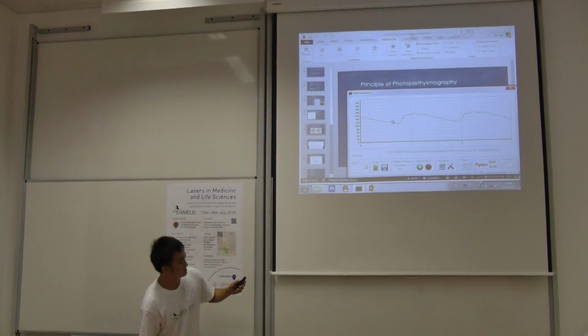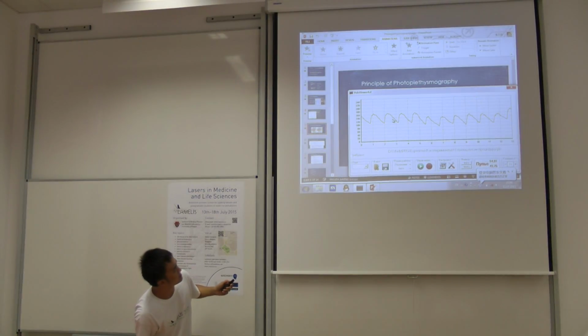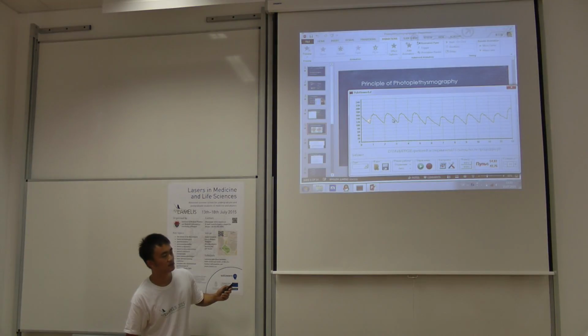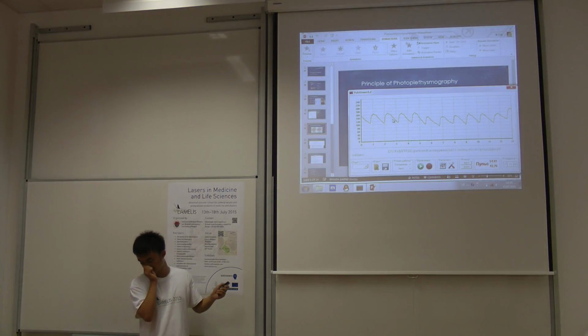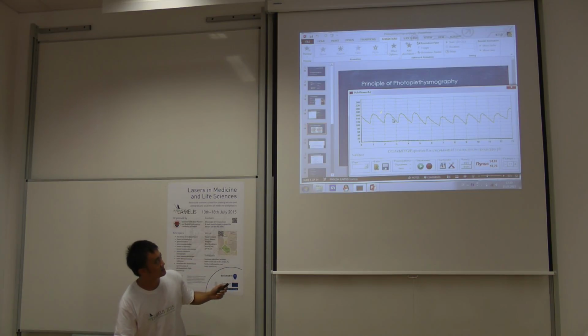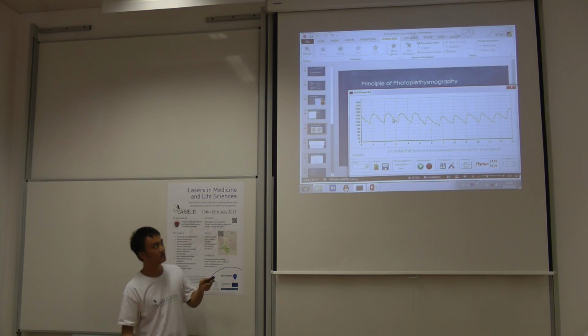This means that the intensity is high, and the intensity of reflected light, or maybe transmitted light, because the light can transmit through your finger, is high.